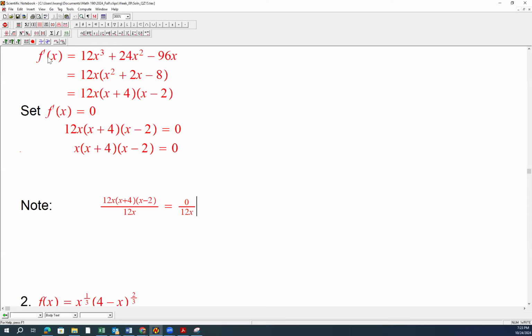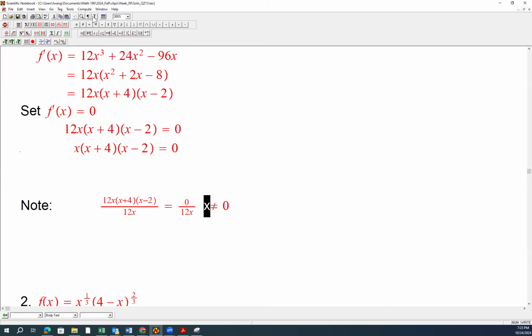Because the domain of x is the entire number line, you cannot divide by 12x without saying that x cannot be 0.